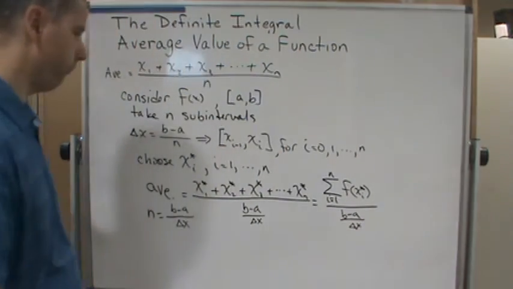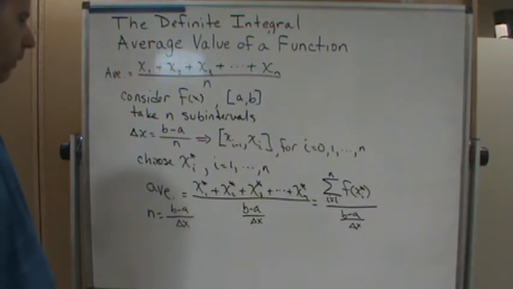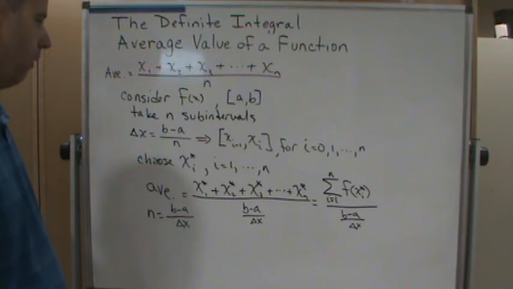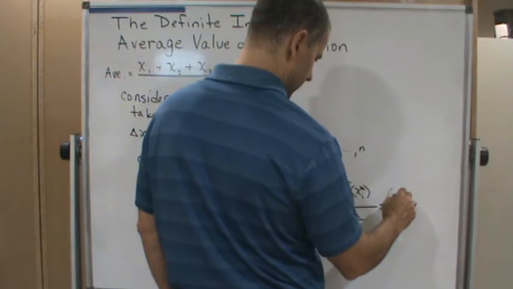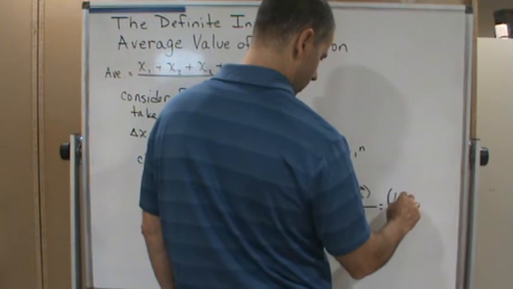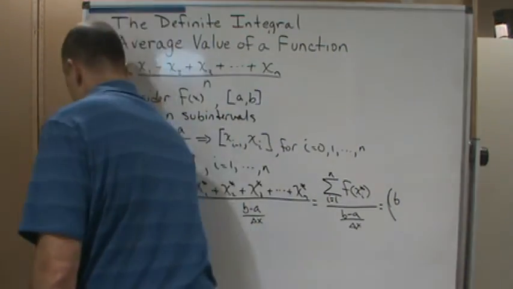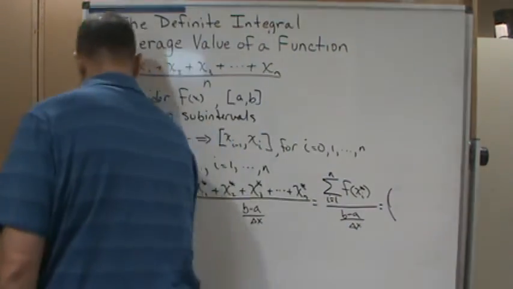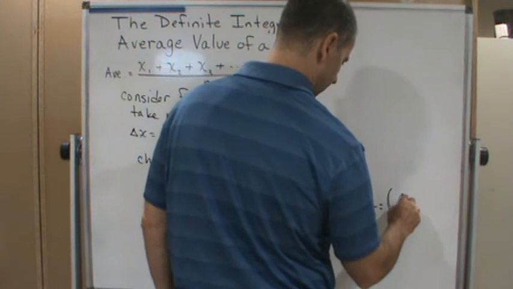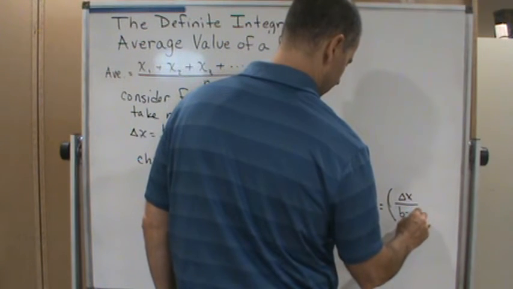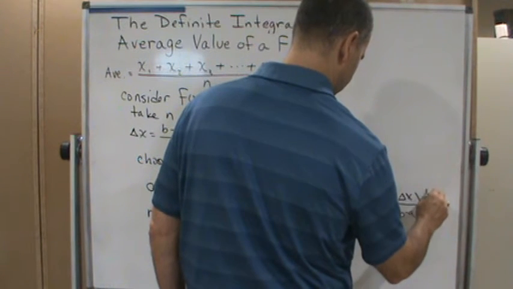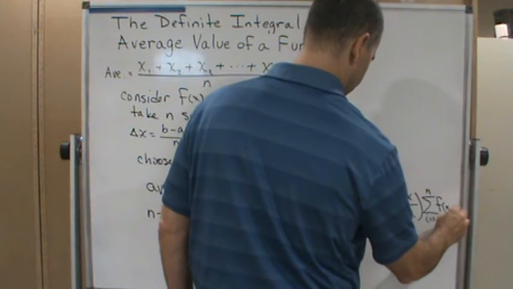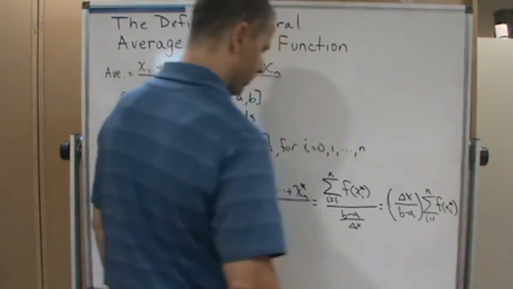Okay, now what I'm going to do is multiply by the reciprocal and then write this as delta x over b minus a times the summation of i equals 1 to n of f of x sub i star.